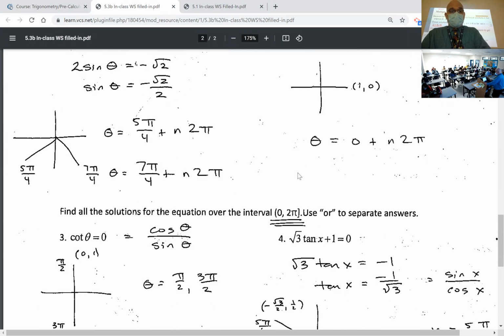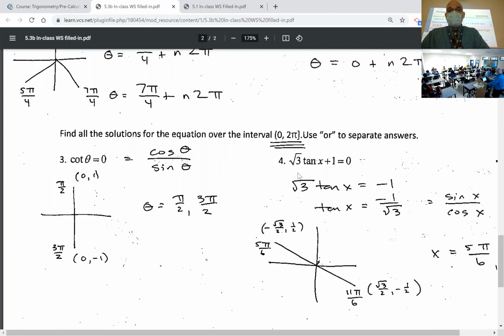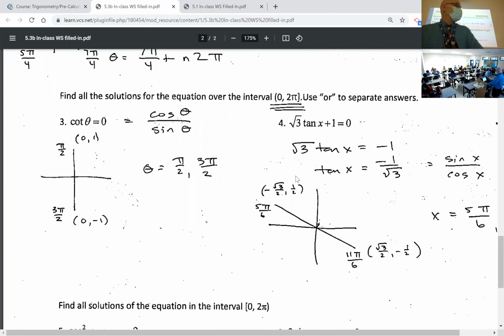All right, let's take a look at 3 and 4. Find all the solutions for the equation over the interval 0 to 2 pi. So this one, we don't have to find all of them. We just have to find the ones on the unit circle. So where cotangent is equal to 0. Now remember, cotangent is cosine divided by sine.